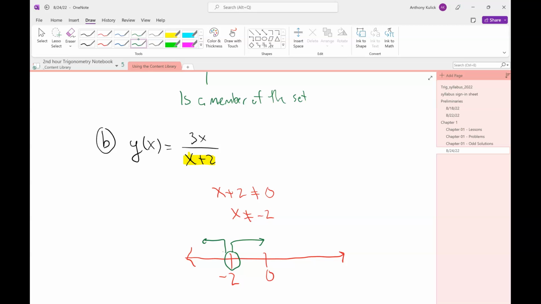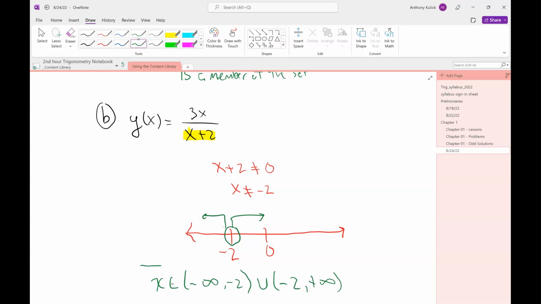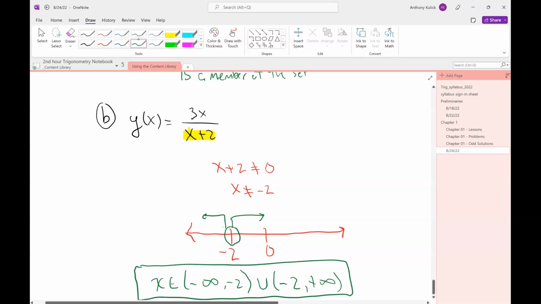Everybody recognize that? Any questions on that one? I know I kind of zoomed through that, but it was because it was just like the interval we had done already.